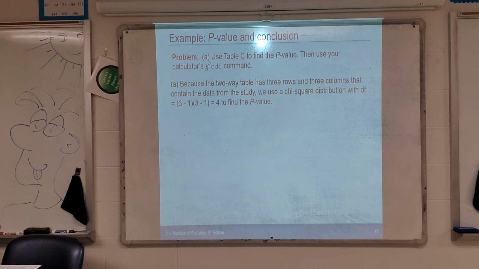All you need to do is take number of rows minus 1 and number of columns minus 1 and multiply those two numbers together. So if I had 4 rows and 5 columns, my degrees of freedom would be 3 times 4, 12. If I had 7 rows and 9 columns, 6 times 8, 48.